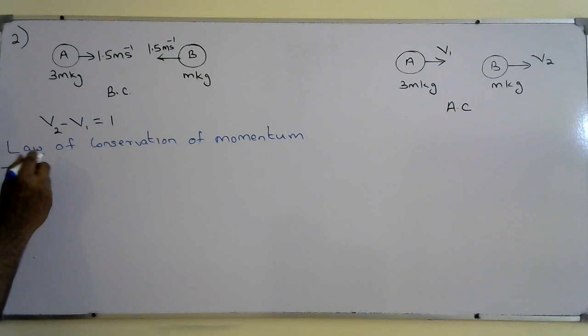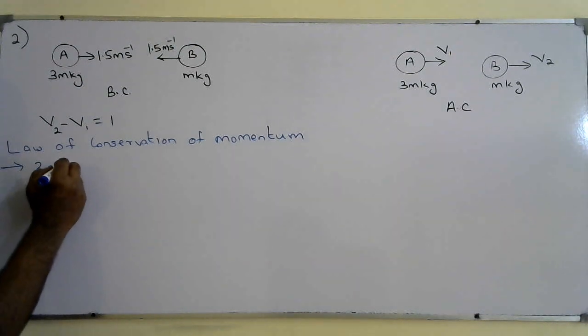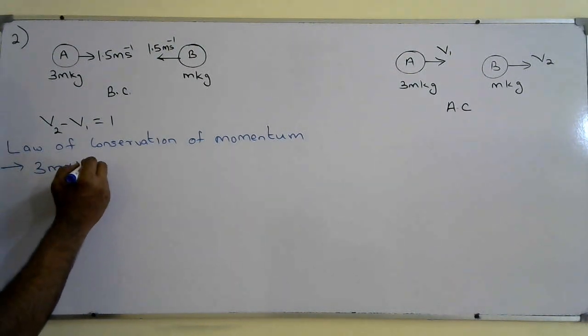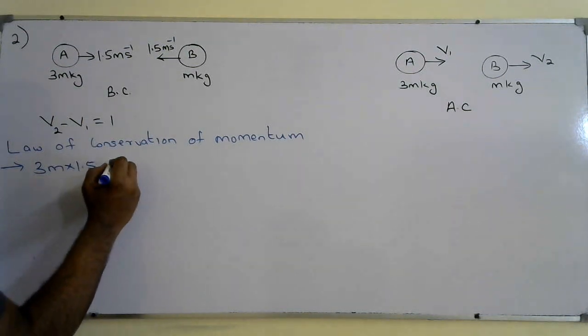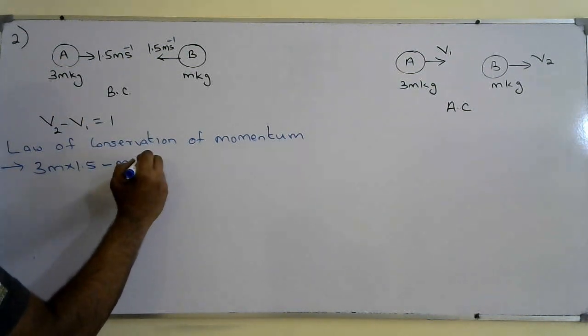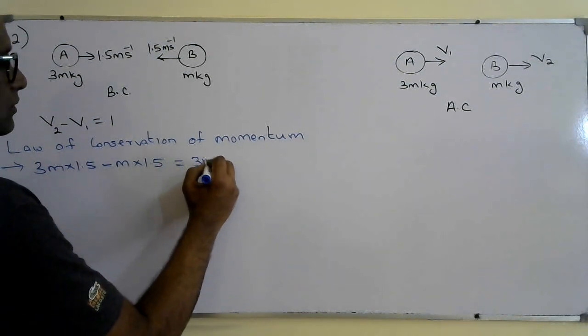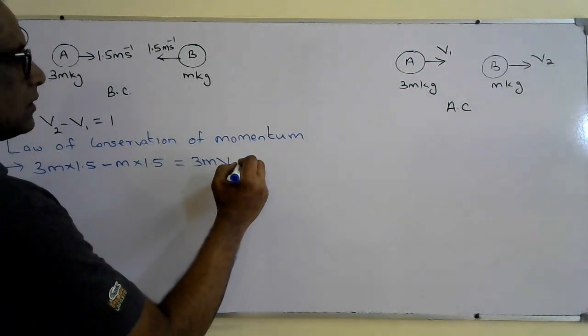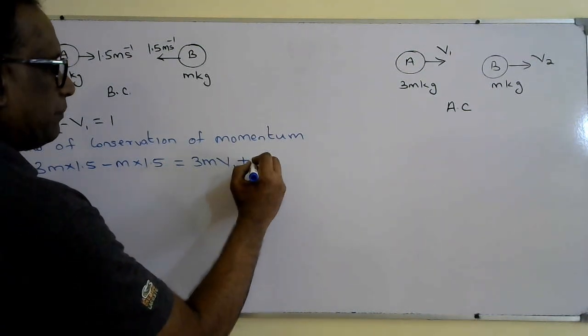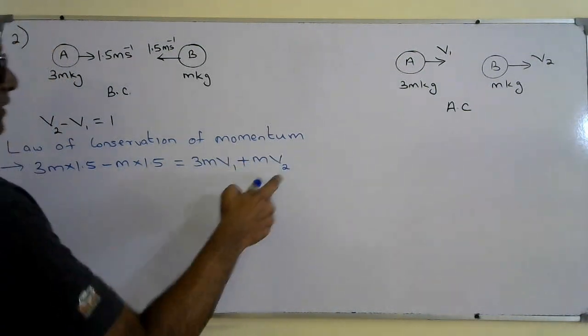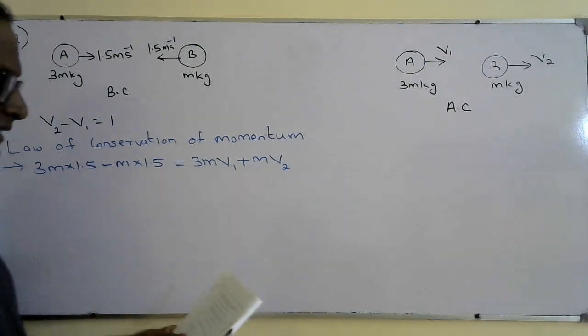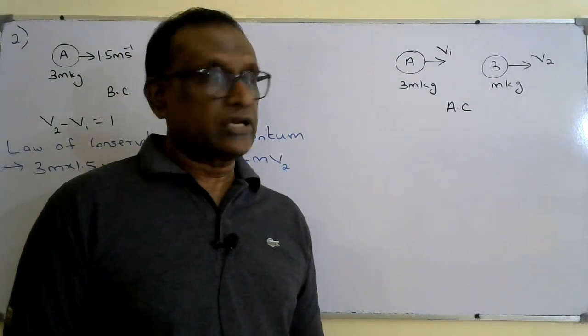So before collision, 3m into 1.5. This is opposite direction, so minus m into 1.5 equals 3m into v1 plus m into v2. But the question asks to find the speed of A immediately after collision, so I need to find v1.